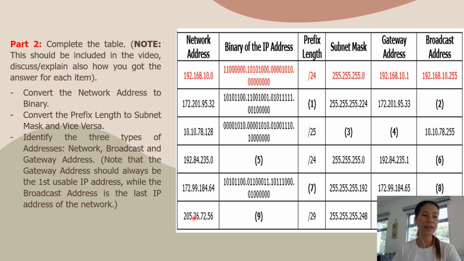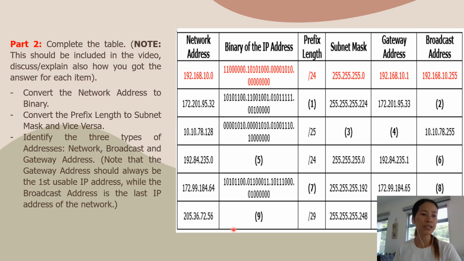So 205 is 11001101. Okay, and then 36, we have to add 32 plus 4. So we have 00100100 for the 36.